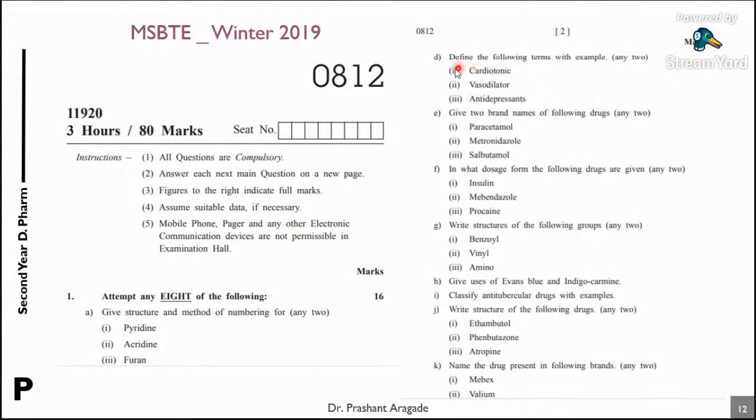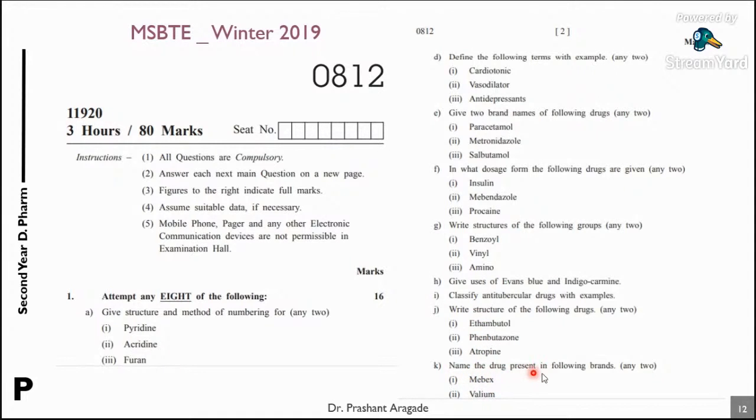Then here, some questions are like: define the following terms, give 2 brand names, give the dosage form of the following drugs, or write the structure of the following groups. So these are functional groups, some other functional groups, isn't it? Then give the uses of some drugs, classification of some of the compounds, then write the structure of some of the drugs again.